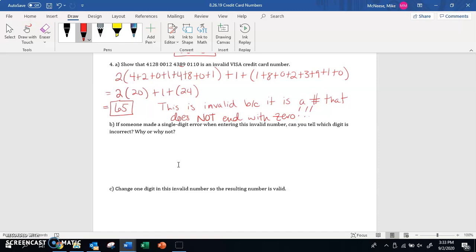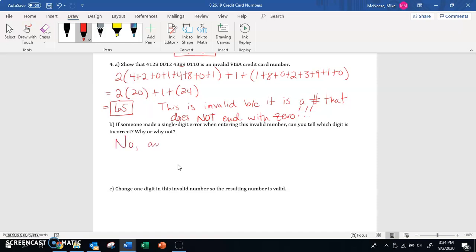If I were to change one, do you think you'd be able to tell which one is incorrect? Well, if I have 9 possible digits that I can change into 10 different numbers, it'd be kind of difficult to pinpoint which one is exact, because I could change any one of them and you won't really be able to tell. So it's asking, can you tell which digit is incorrect? Why or why not?